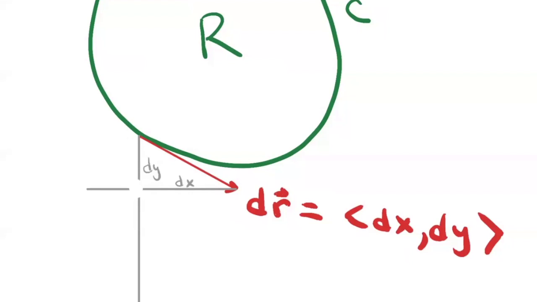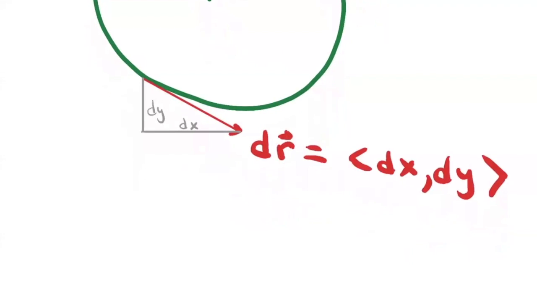Oh, my bad. And then what I want to do is make a vector that's perpendicular to this. So how am I going to do this?